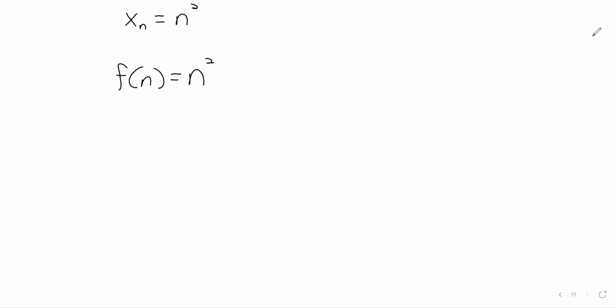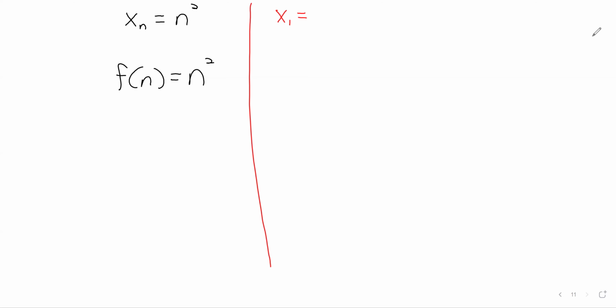Well, I guess f of n has a bigger domain. For f of n, you can enter decimals, whereas for x sub n, you only have 1 and 2 and 3 and so forth. But otherwise, these are basically the same thing.